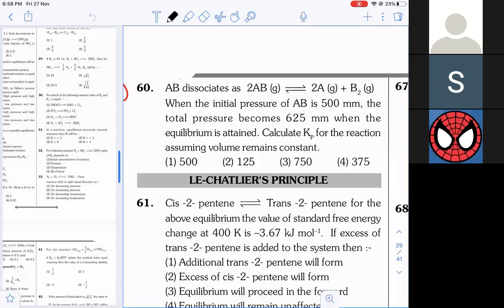Daksh, getting this question? Sir, I'm getting option 2.